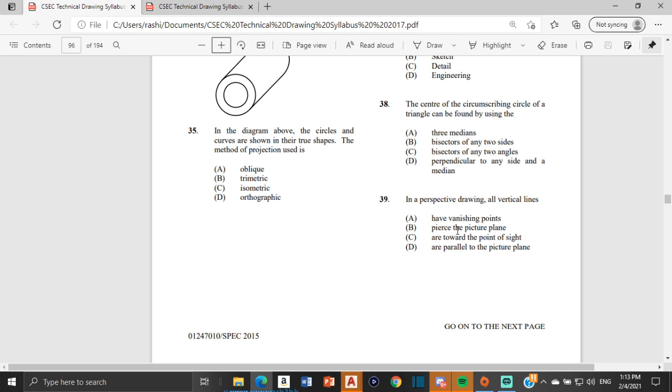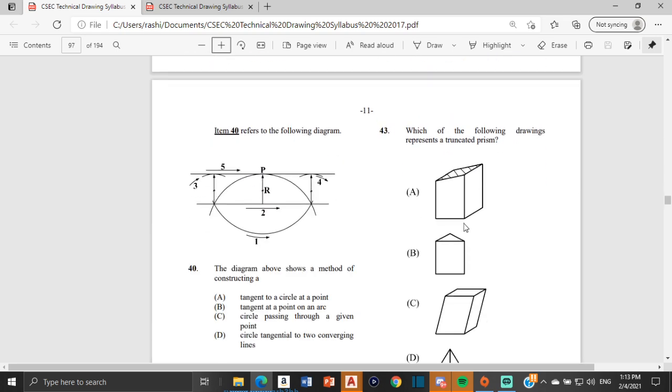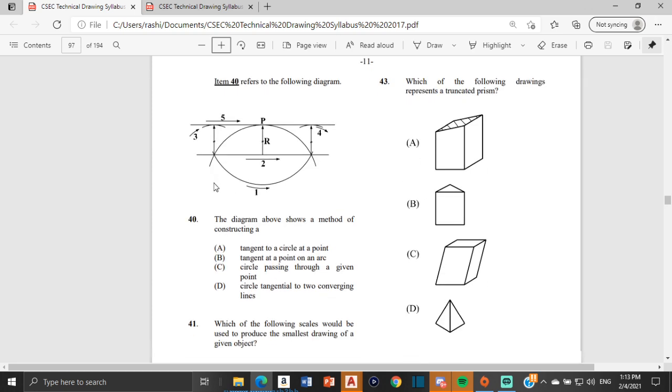All right, number 40. It says the number 40 refers to the following diagram. So this diagram right here. It says the diagram above shows a method of constructing: is it A, tangent to a circle at a point? Is it B, tangent at a point on an arc? Is it C, circle passing through a given point?